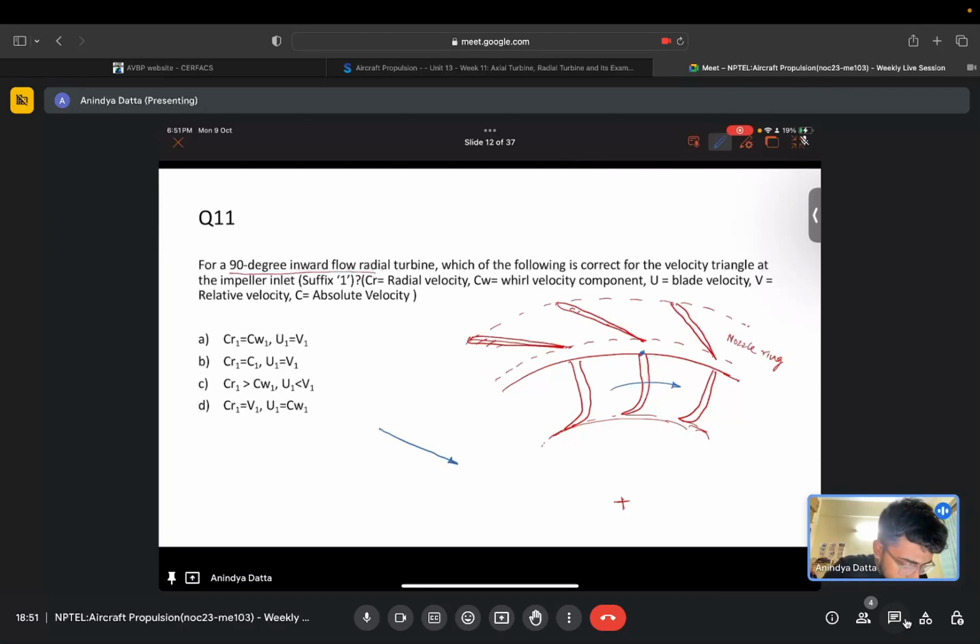So this is your absolute velocity component c. For 90-degree inward flow radial turbines, the blade angle at the impeller inlet is radial. So the relative velocity component will be like this. This is your v. And v plus u has to be c, so this is your u. This is station 1, so this is c1, u1.